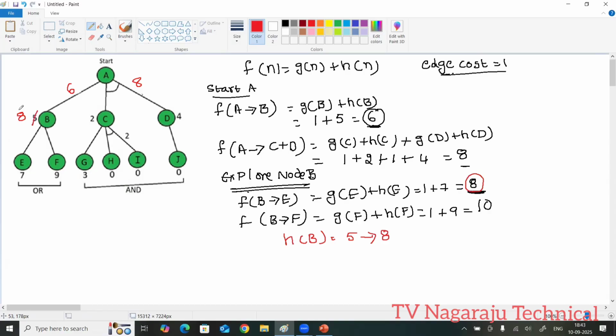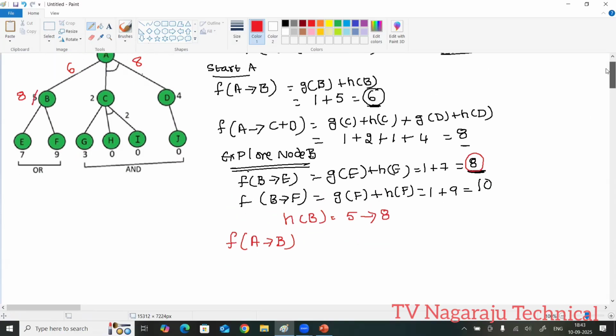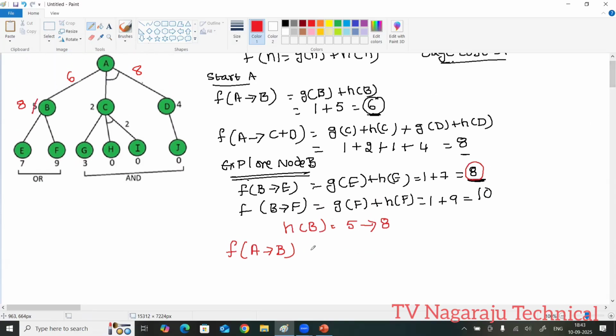Now understand, whenever you are updating this value, obviously what happened? If you are updating in the middle value, meaning parent to goal, again their value is also changed. Clear the point? That means if you are updating the heuristic of B, you need to update the heuristic of A also.